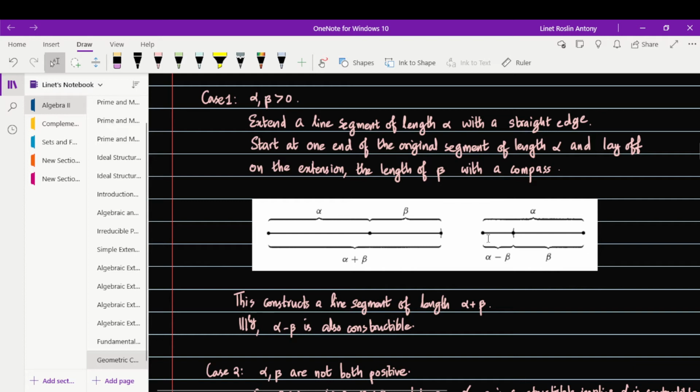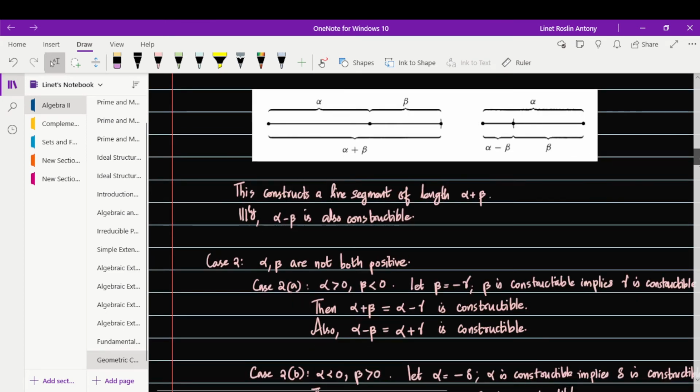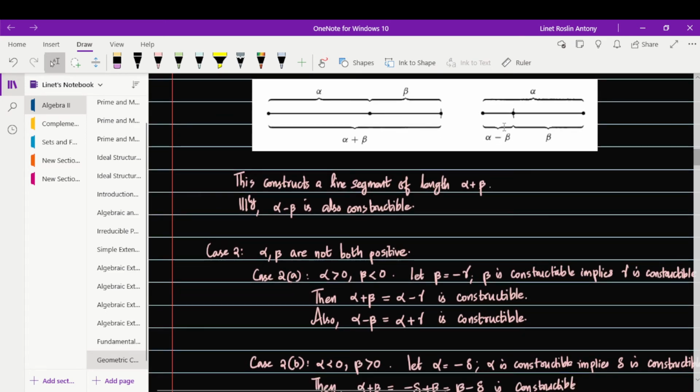Similarly, if you have been given alpha, you make it a line segment, and then from that alpha you just cut off beta. If this is beta, you cut off that beta, so what remains will be alpha minus beta. So from this you can understand that alpha plus beta and alpha minus beta are constructible. That's what is seen in this figure.